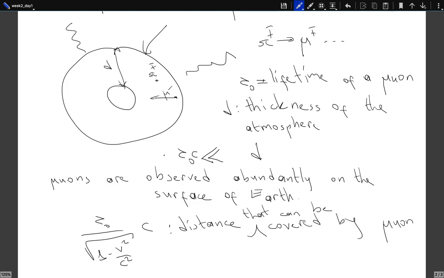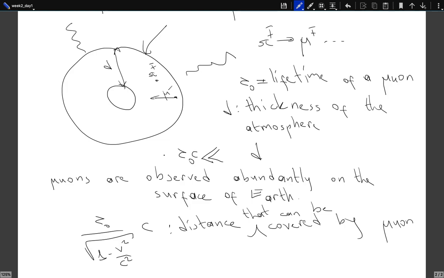This is the top of the atmosphere, and that point is the surface of the Earth. My clock is ticking. You see my clock. As I'm moving, you say that my clock is slowing down. So I will live much longer than my lifetime. So I will be able to reach the surface of the Earth.